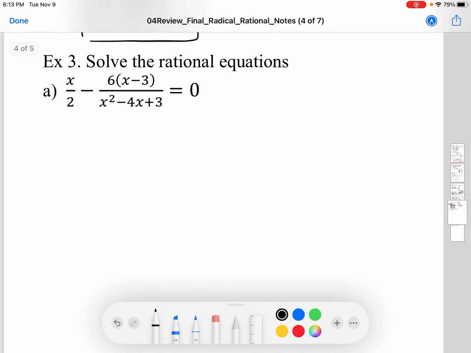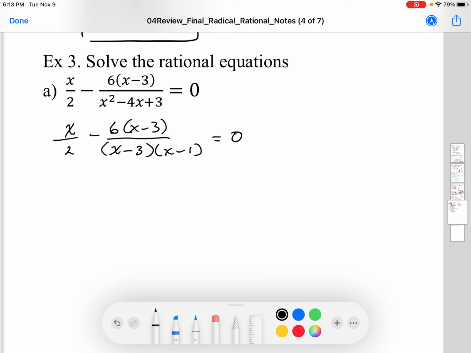So solving the rational equations, again, we want to state restrictions, but we want to get rid of all the divides. So to state the restrictions, we're going to first factor the denominator. So we end up with x minus 3, x minus 1 equals 0.